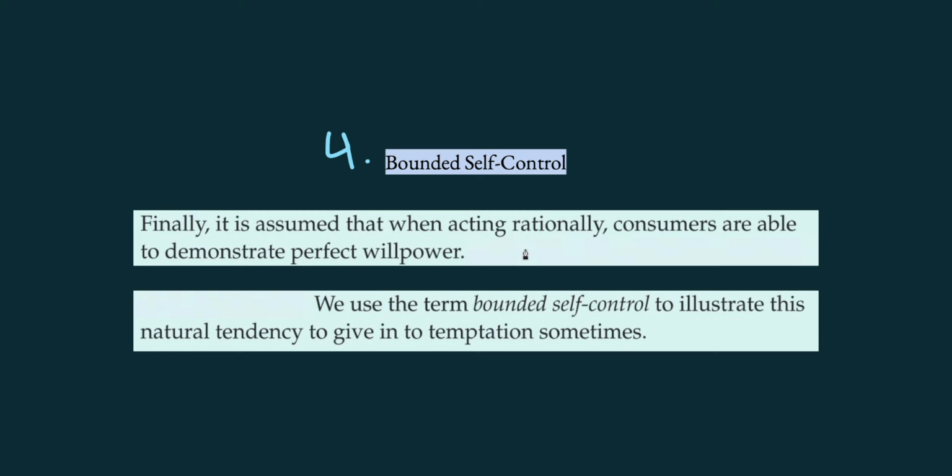But in a perfect reality, consumers would have perfect willpower and would say, enough is enough, or I don't need that, or that's not good for me. But in reality, we have limited or bounded self-control, to illustrate the natural tendency to give in to temptations or addictions sometimes, okay? So even when you were on a diet and you said, I'm not going to eat ice cream because I want to lose fat, you still ate a little bit of ice cream because you gave in to that temptation. Hence, you had limited or bounded self-control.